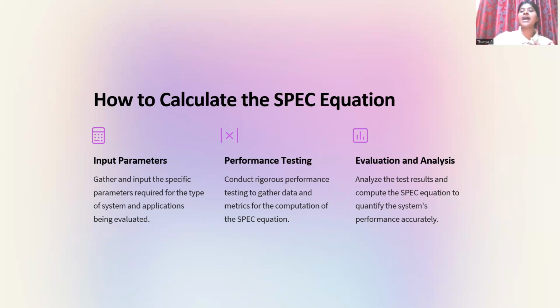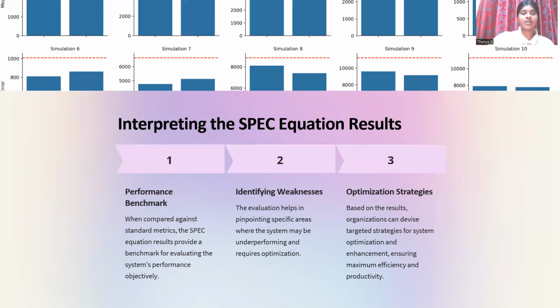system's performance accurately. The next one is interpreting the spec equation results. Performance benchmark. When compared against standard metrics, the spec equation results provide a benchmark for evaluating the system performance objectively. Identifying weaknesses.